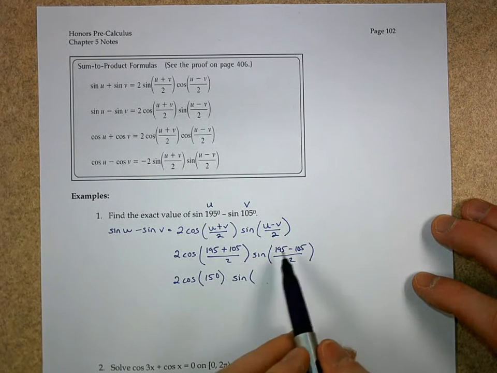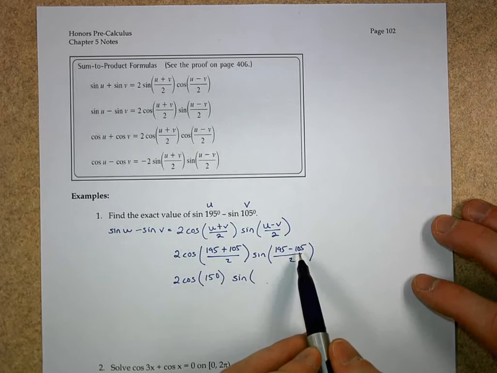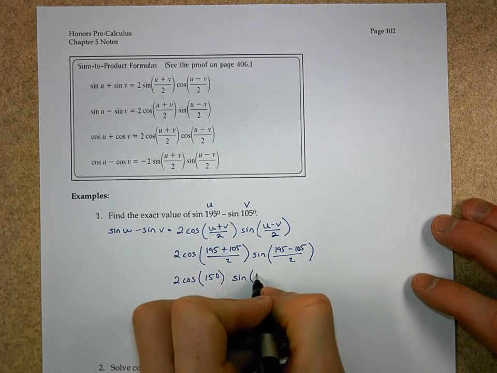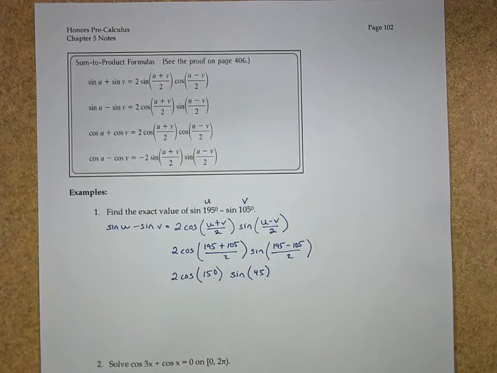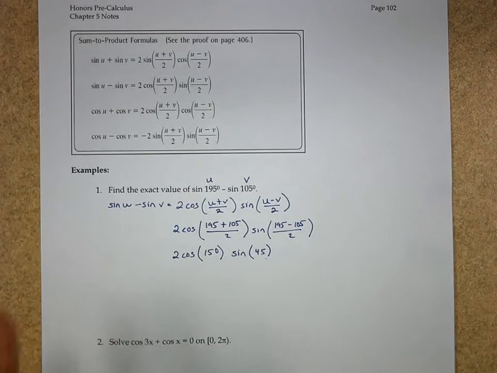Times the sine of 195 minus 105 is 90. 90 divided by 2 is 45. So 2 times the cosine of 150 times the sine of 45.